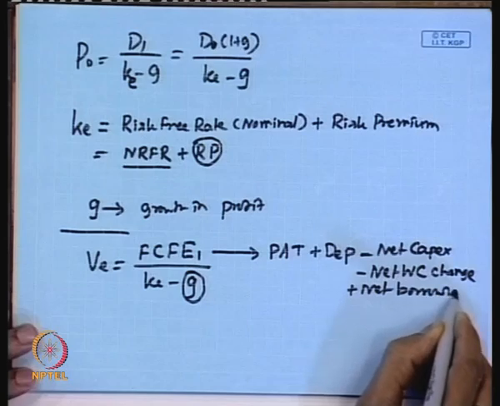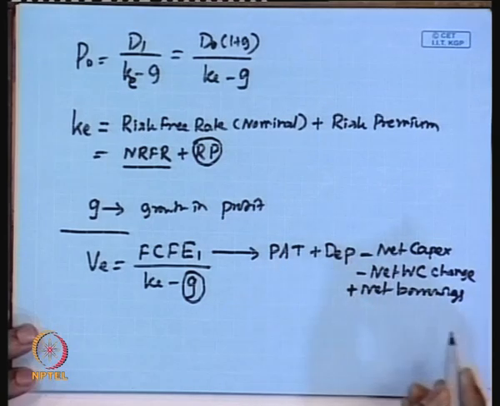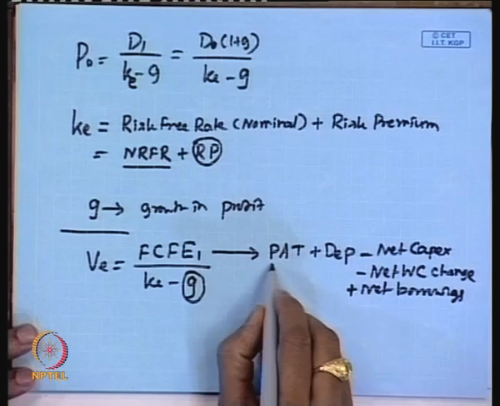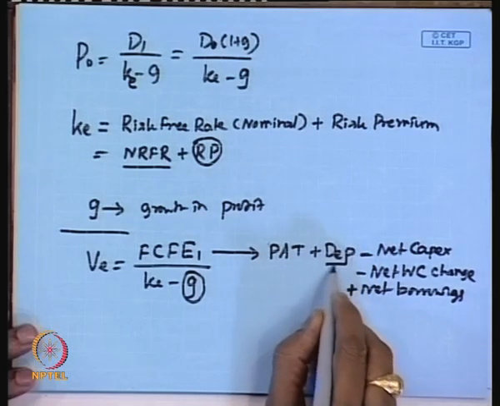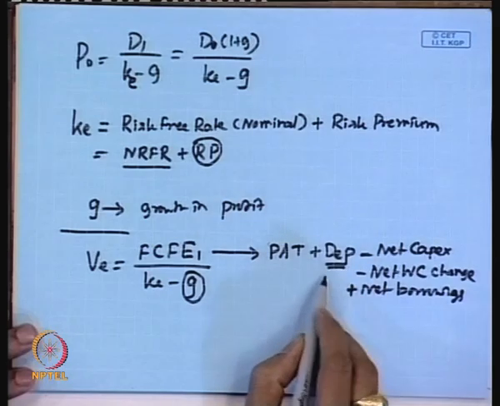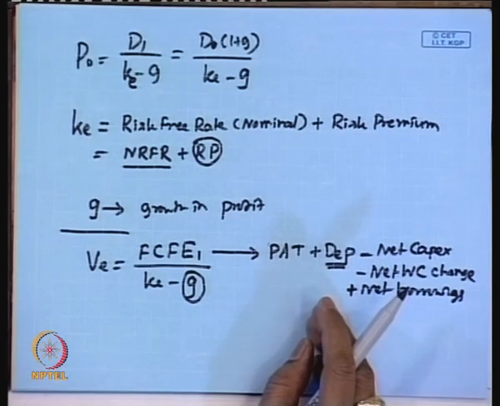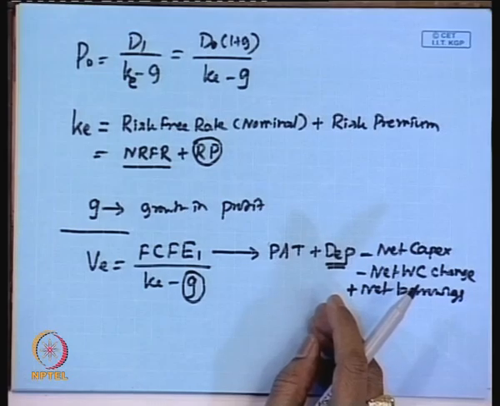So, all those things are there, net borrowings. Now, as we discussed earlier, profit after tax is a function of revenue and cost, then your depreciation is a function of what? It is a function of existing assets as well as expansion in the fixed assets. So, the depreciation can be more because the fixed assets itself have grown.